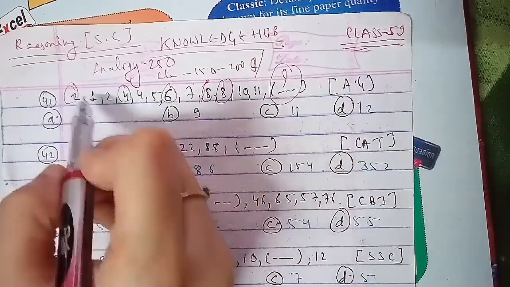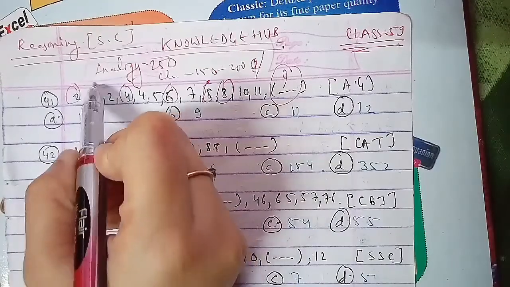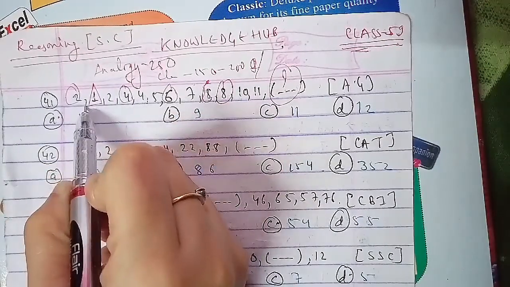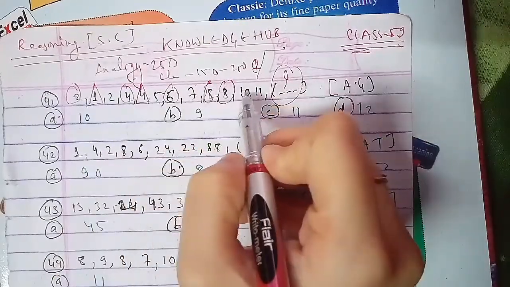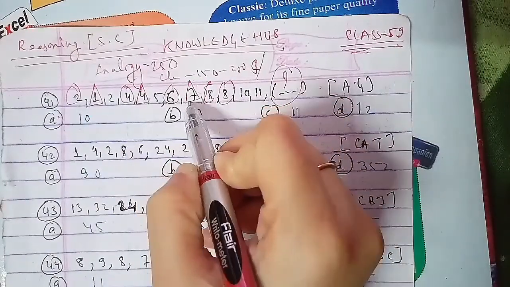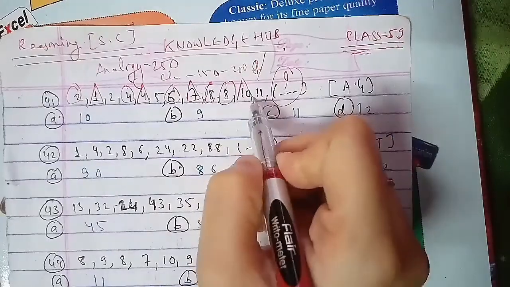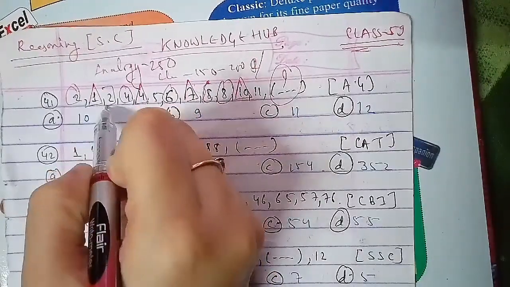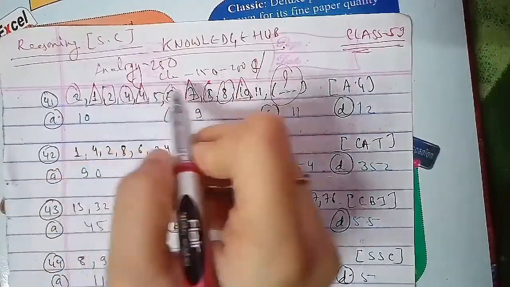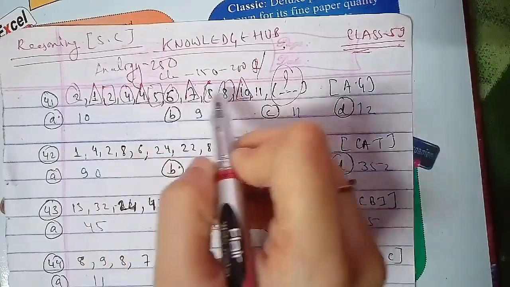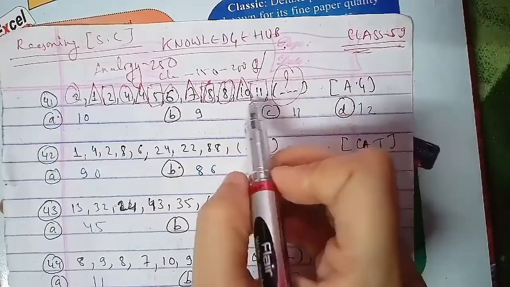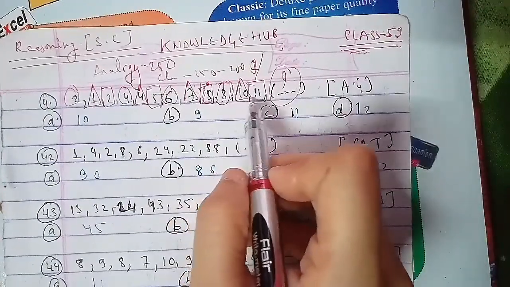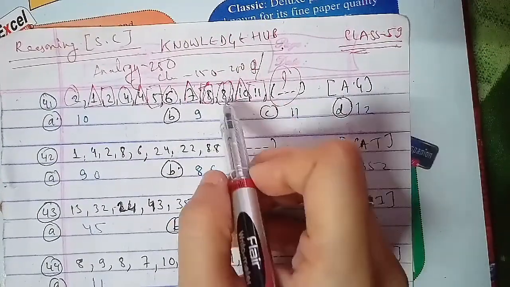After that, I'm marking the next series with a triangle, that is 1, then 4, then 7, and then 10. And then this is series 2: 5, 8, and 11.